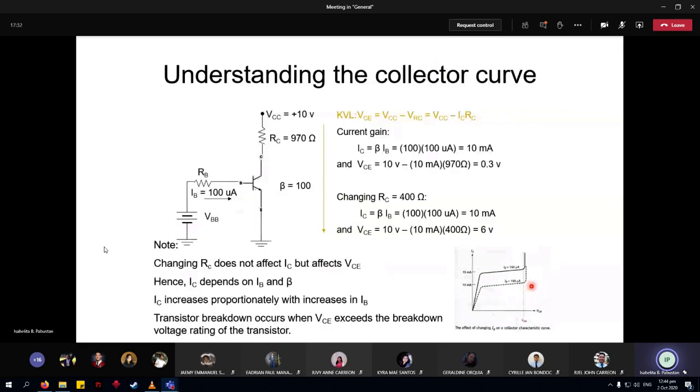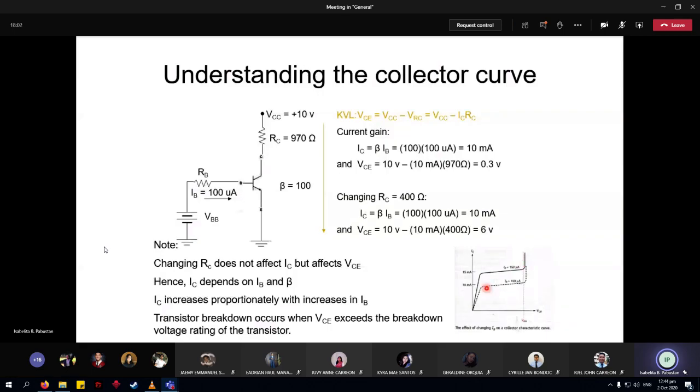Pero sa laboratory ng manufacturer, they do this, they increase and increase the value of the VCE, and then doon nila titingnan kung ano yung characteristic ng particular transistor na yon. Doon nila makikita kung saan yung breakdown. The breakdown is when there is a sudden increase in current.